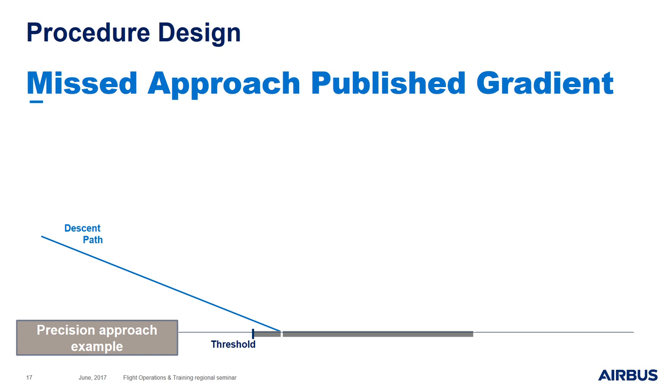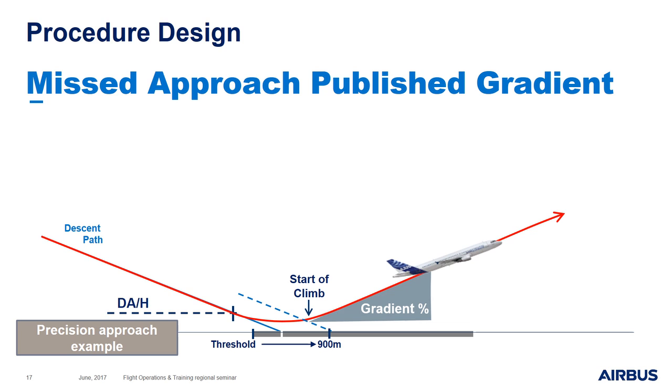According to the ICAO PANSOPS, a published missed approach procedure shall specify a point where the procedure starts, the decision altitude or height, a gradient, and a point where the procedure ends, the missed approach altitude.